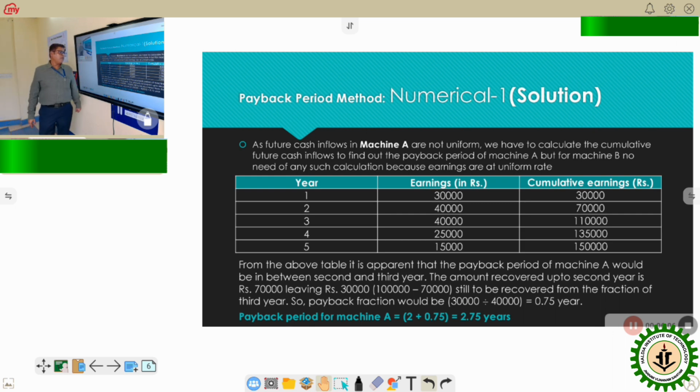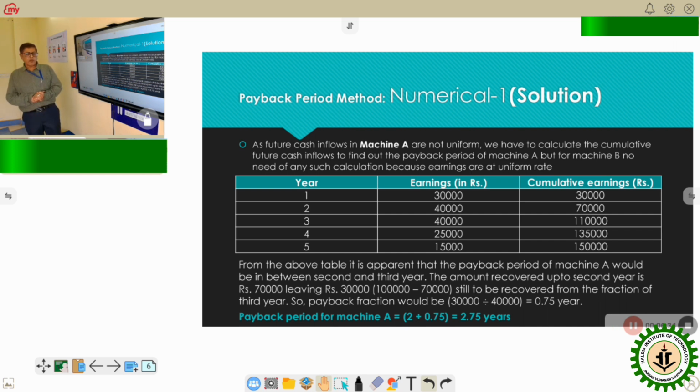In machine A, we have computed the cumulative earnings. For the first year this is 30,000, for the second year, since the earning is 40,000, the cumulative earnings is 30,000 plus 40,000, 70,000. Similarly, for the third year it is 1,10,000, then 1,35,000 and so on.